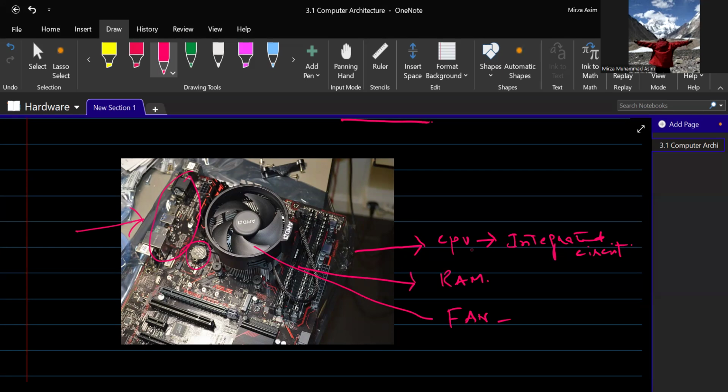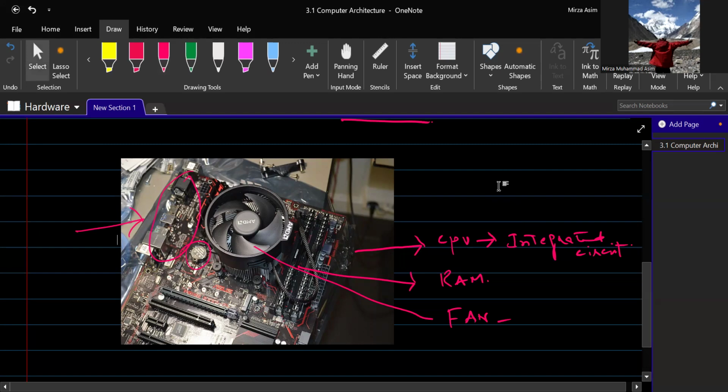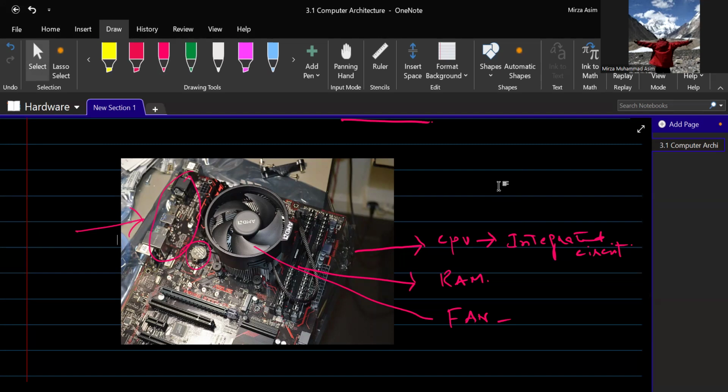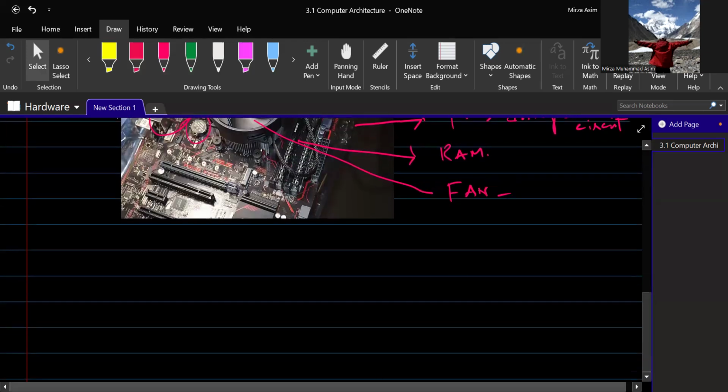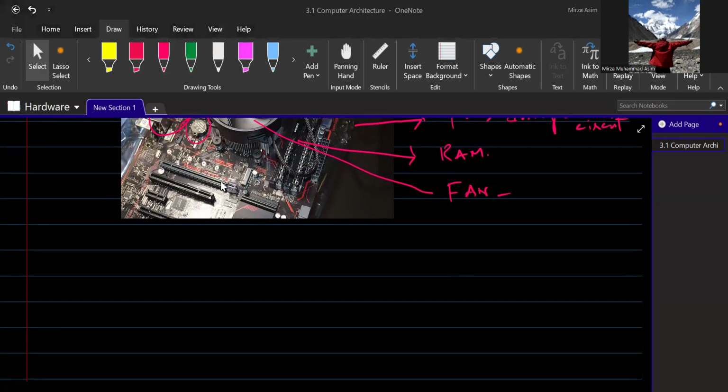This fan is installed just to cool down the CPU, because the CPU performs complex calculations, and when you play a heavy game which consumes a lot of power of your computer system, then your CPU ultimately heats up. So that's the fan that cools down the CPU. I have one more picture of the CPU.